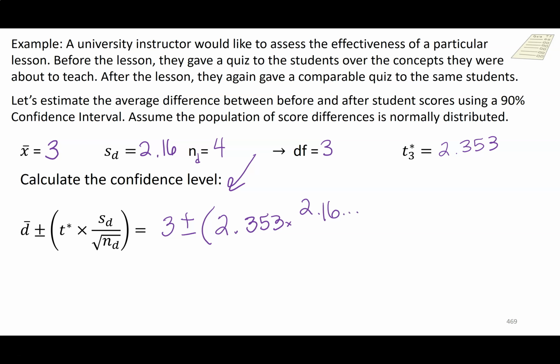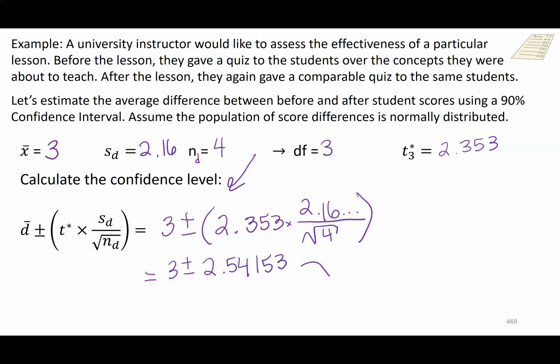I went ahead and put all the digits into my calculator. Over the square root of, oh, this is nice, 4, because that'll just come out to 2. So then, let me see. I get something like 3 plus or minus 2.54153. Obviously, you could probably do some rounding, probably to at least 2 places.